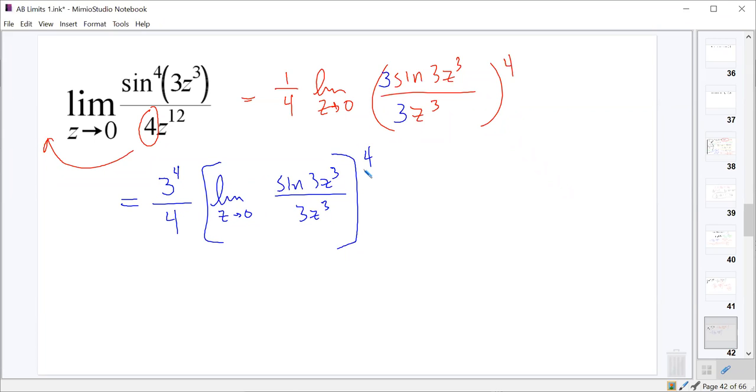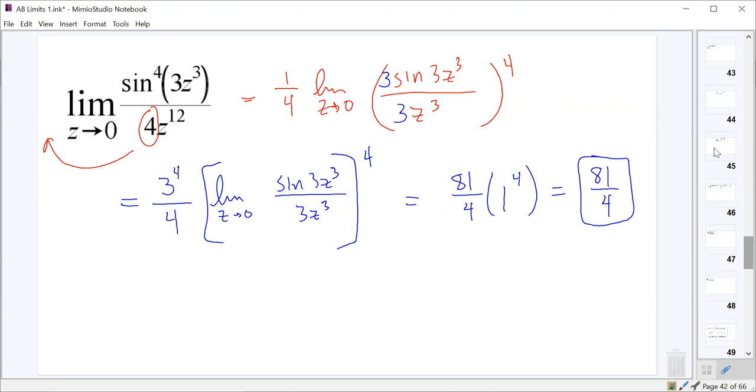Everybody good with that or no? Yes. All right, and 3 to the 4th power ought to be 81. So we got 81/4 times 1 to the 4th, which will be 81/4. Good or no? Good. All right, cool.